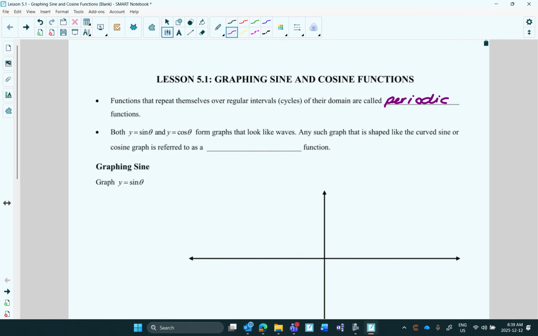And like I said, sine and cos have graphs that look like waves. Any graph that is shaped like a sine or cosine function, we call a sinusoidal.